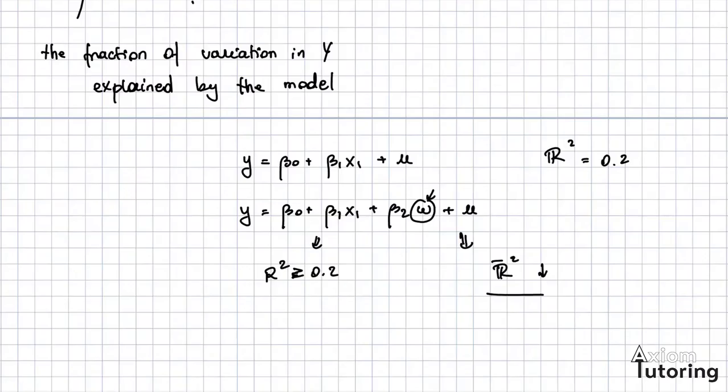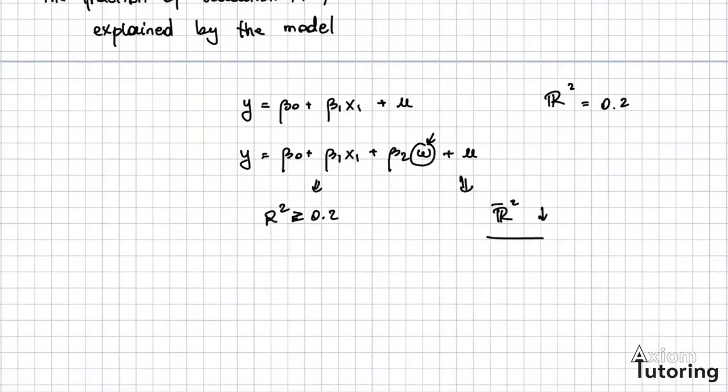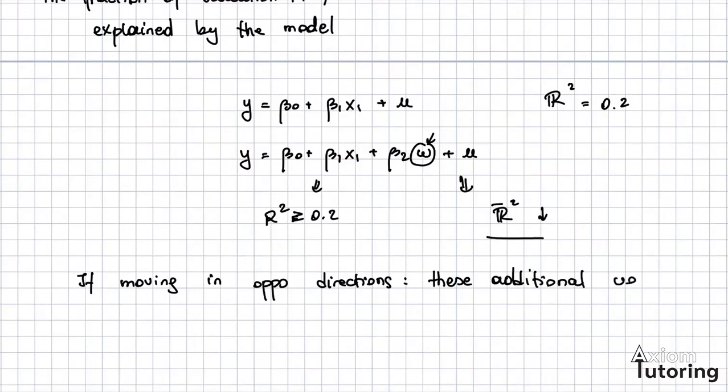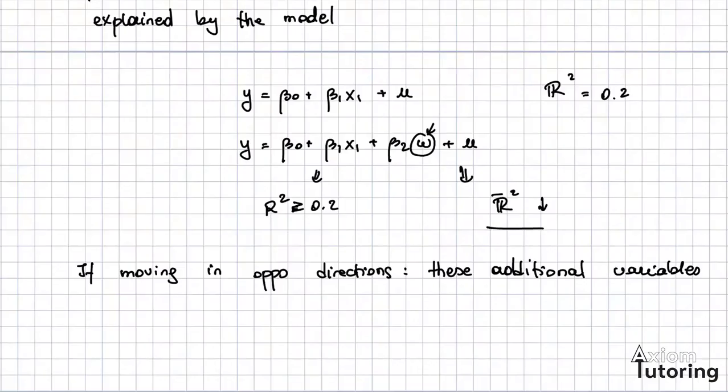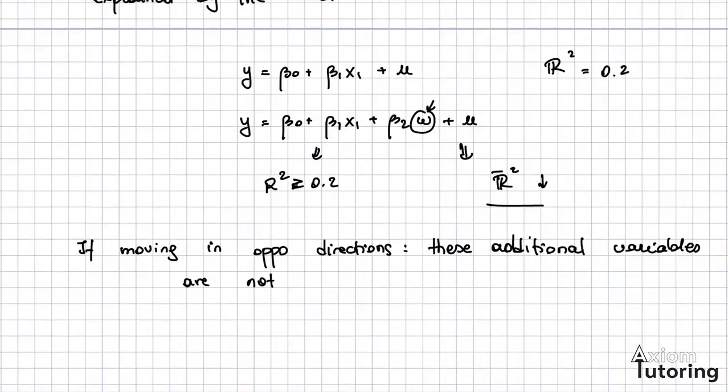When R squared and adjusted R squared move in opposite directions, let me write that, if moving in opposite directions, they are telling you that these additional variables are not helping much, at least not jointly.